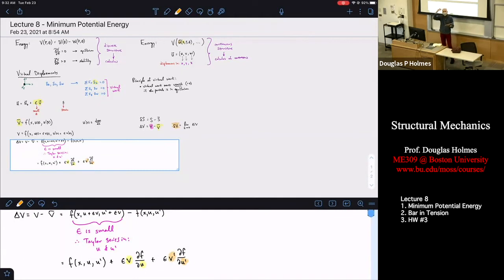Both of these are like 1 over 1 factorial. So just 1. We can keep going. We did this last class too. We end up with epsilon v squared over 2 factorial times the second derivative of f with respect to u squared.